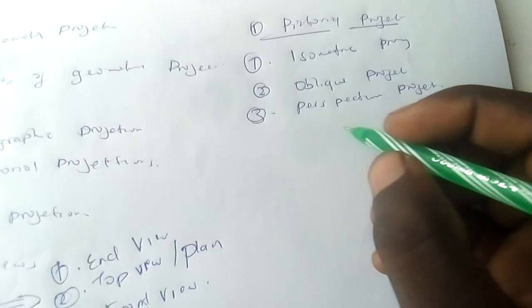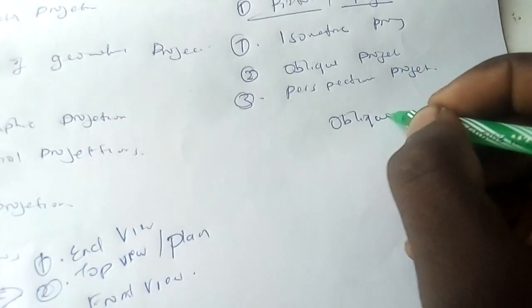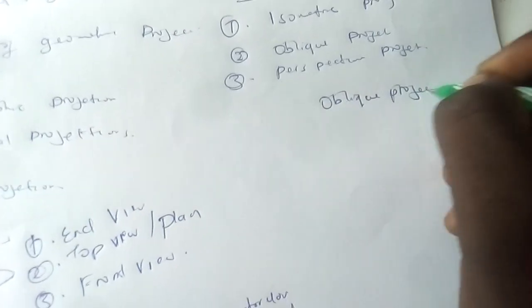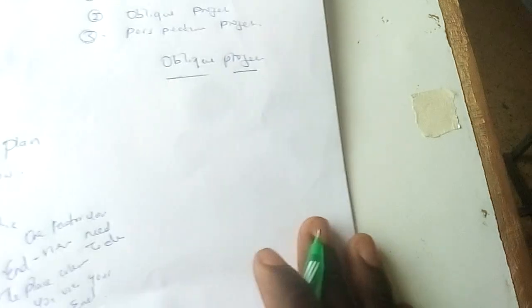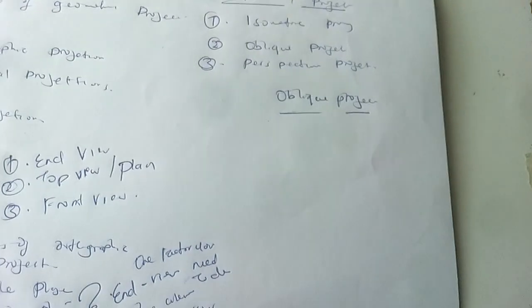Let's begin with the oblique projection. In oblique projection, we have three types.